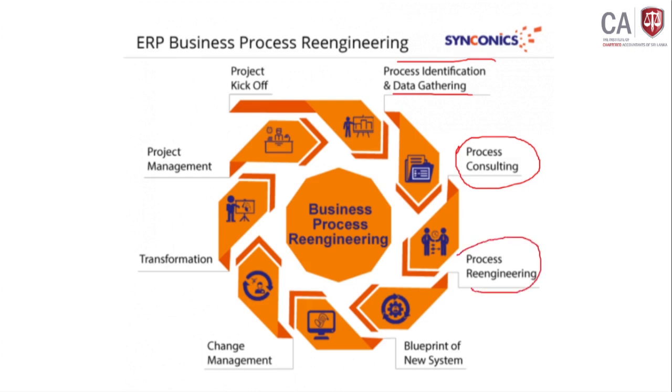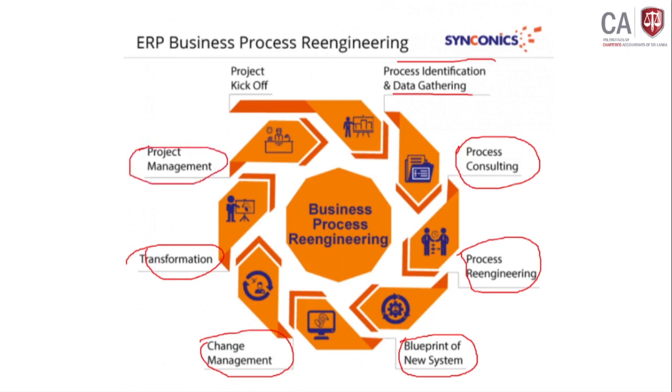The consultants will advise what we should do for the processes, and that consultation is put into action, and then the process re-engineering is done. Then the blueprint of the system, taking the system into implementation. Then change management will come, and then transformation to the new systems.